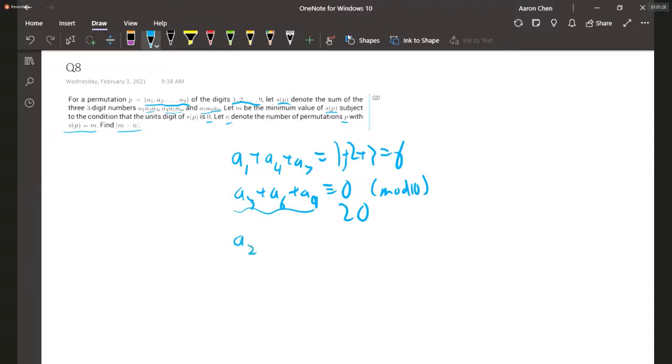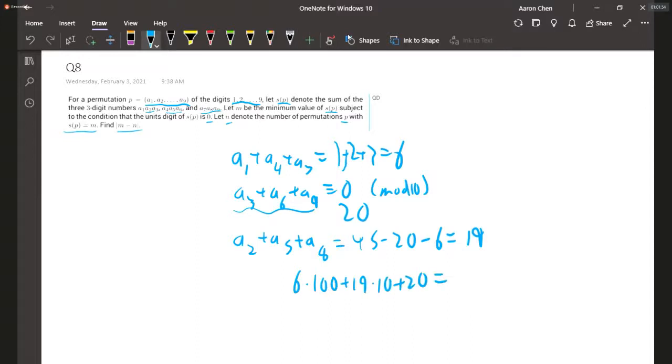And now the final digits are A2 plus A5 plus A8, and their sum is 45 minus 20 minus 6, which is 19. And so the minimum possible sum is 6 times 100 plus 19 times 10 plus 20, which is equal to 810.